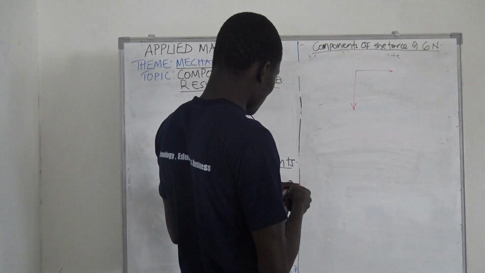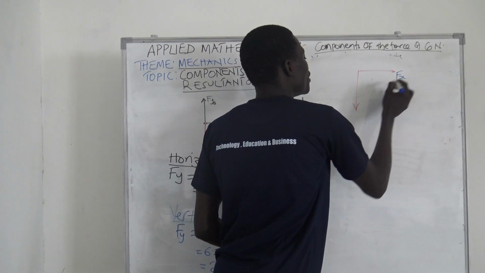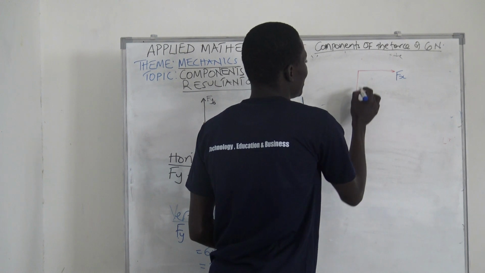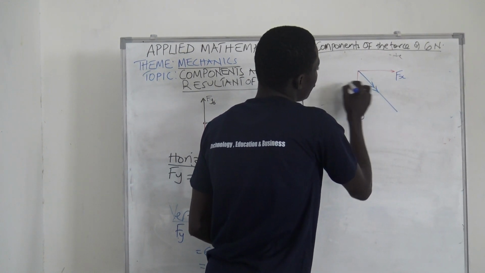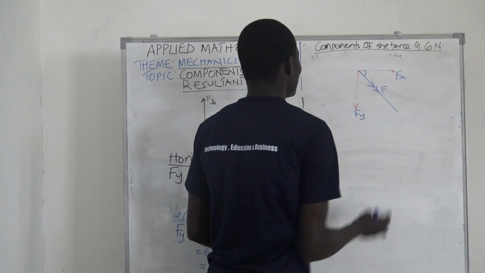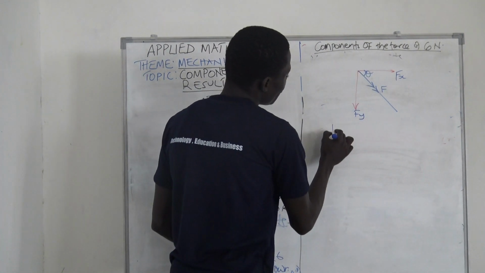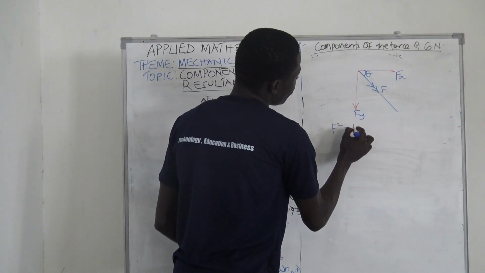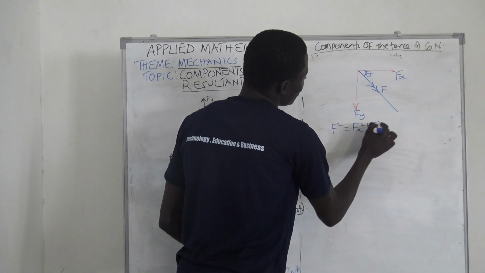So this is Fx, and this one is Fy. Then the resultant force will be in this direction, which is F in this direction. Let's call this angle star. So we say our F squared equals Fx squared plus Fy squared.